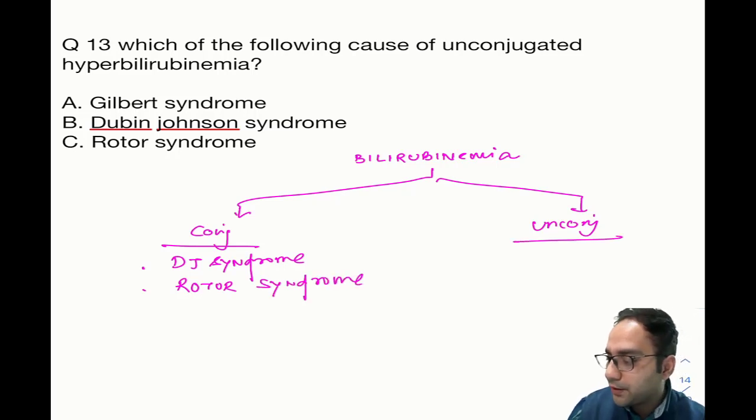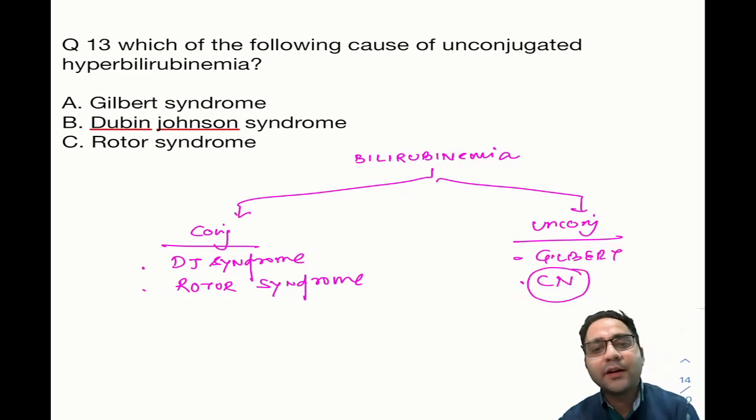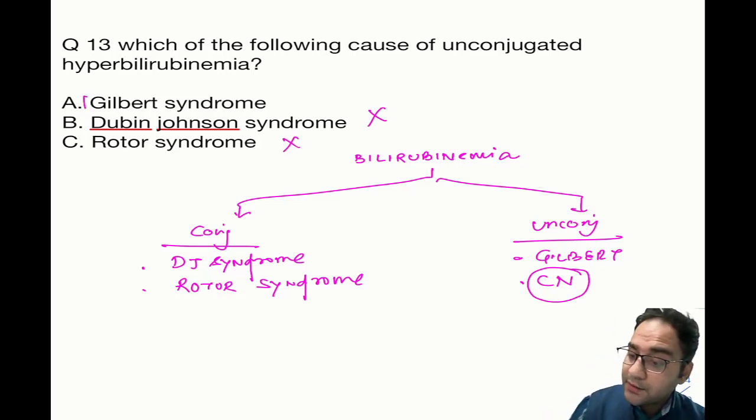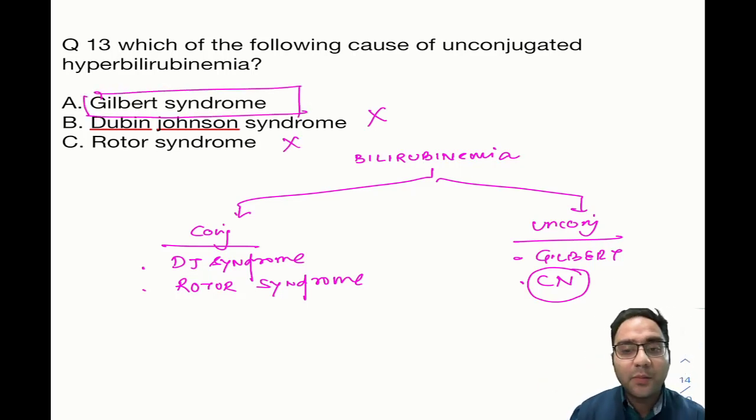And in unconjugated, you have Gilbert and Crigler-Najjar. Crigler-Najjar was not given, so the answer would be Gilbert, because Dubin-Johnson and Rotor are definitely not the answer. So your answer here would be Gilbert syndrome.